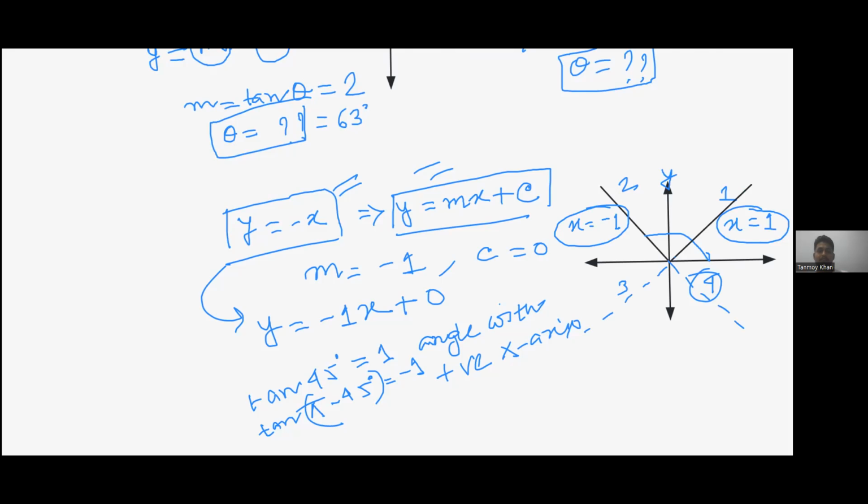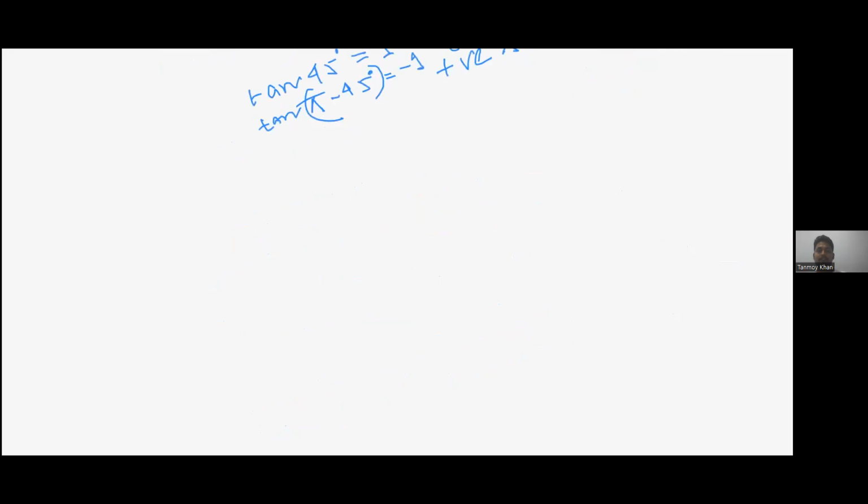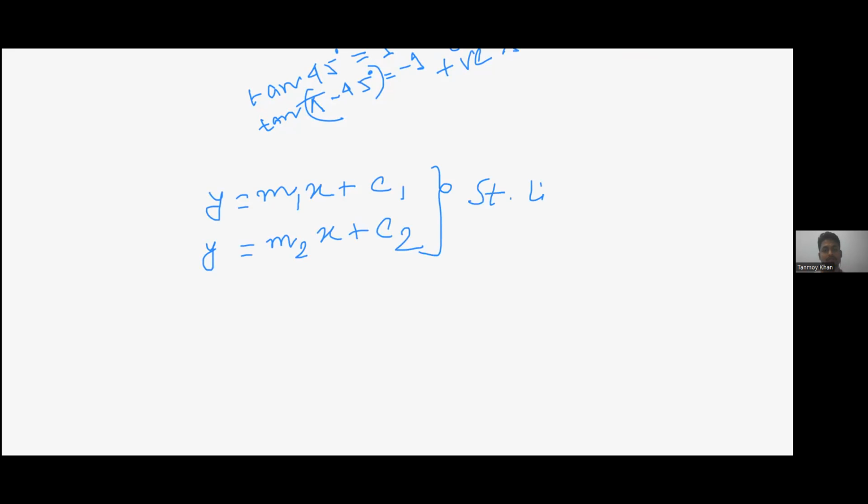So let me give you one more trivia. Let's say two straight lines: y equals m1x plus c1 and y equals m2x plus c2. Obviously, these two are straight lines.